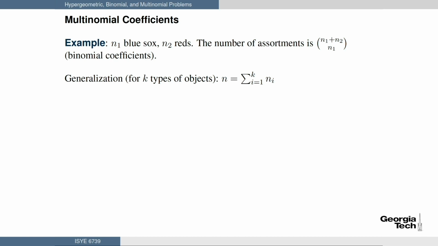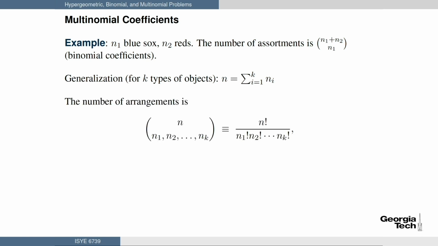Remember, I have k types, so I add them all up and I get this number n. So the number of arrangements now, mimicking the binomial coefficient, is this mess: n, and then it's a giant choose, n1, n2, dot dot dot, nk. And remember, n is the summation. This is actually generalizing the thing on the top line, n1 plus n2 choose n1.